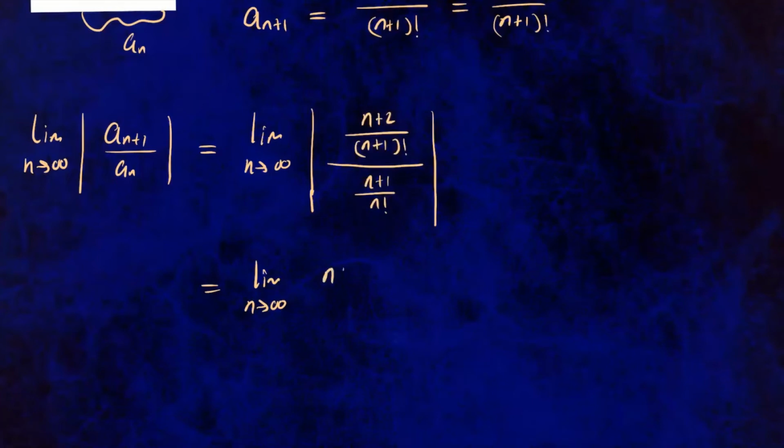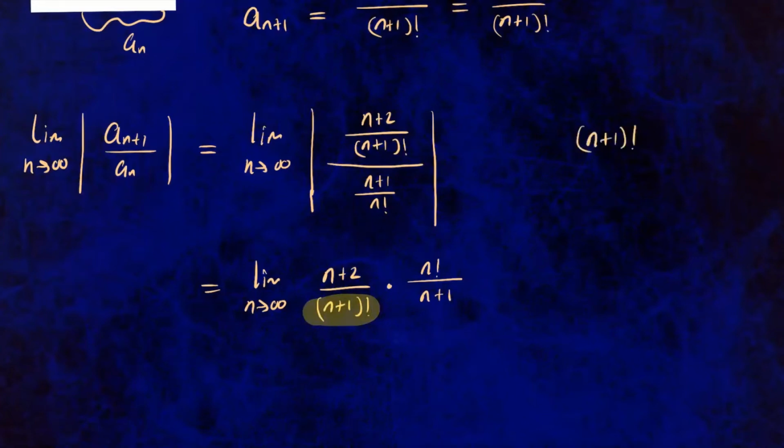So I have n plus 2 over n plus 1 factorial times, I reciprocate the bottom fraction, n factorial over n plus 1. Now let's do a little bit of simplification. We know that n plus 1 factorial can be written as n plus 1 times n times n minus 1, and so on. I'm going to stop at n factorial since I have n factorial in the numerator.